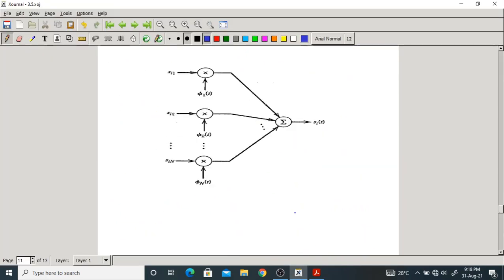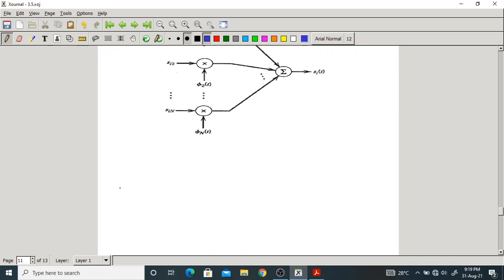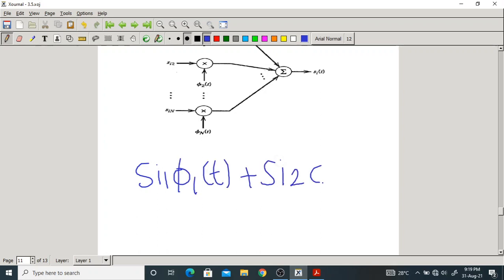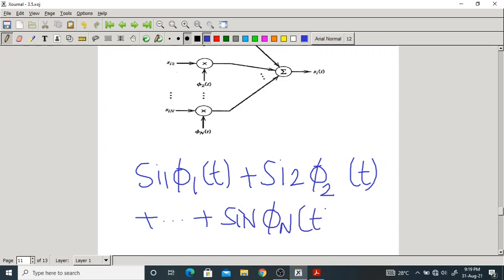So this is what we have written. Si1 into phi1 of t. Here what do you get? Si2 into phi2 of t. So on, finally Sin into phi n of t. So what exactly is this? Si1 into phi1 of t plus Si2 into phi2 of t, so on, plus Sin into phi n of t.